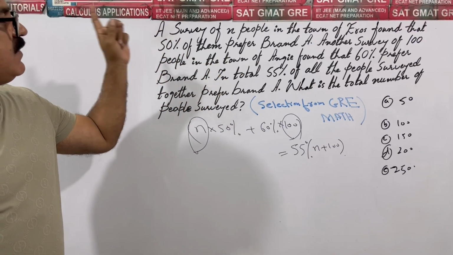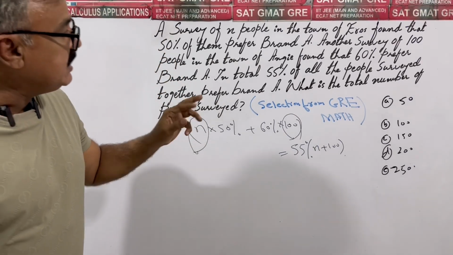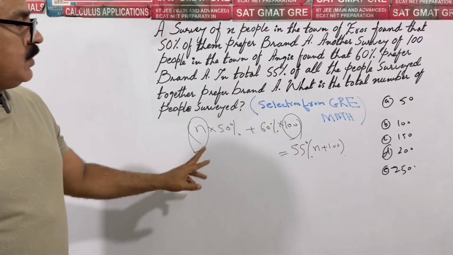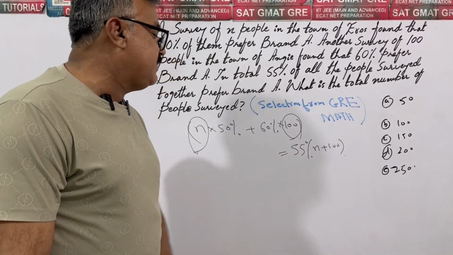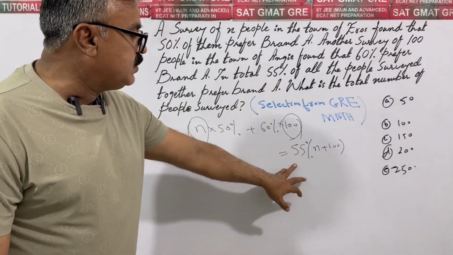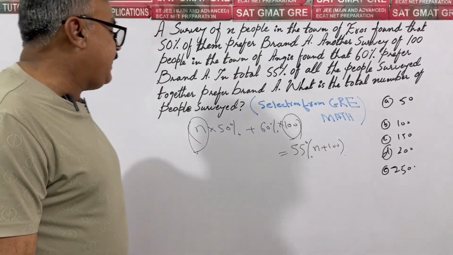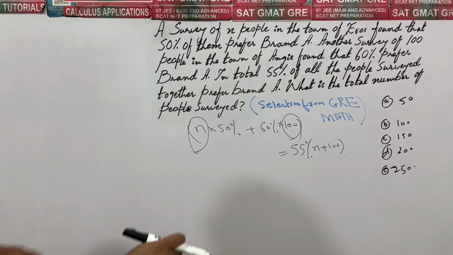In total, 55% showed their preference towards brand A. Now we are asked to find how many people are surveyed together.